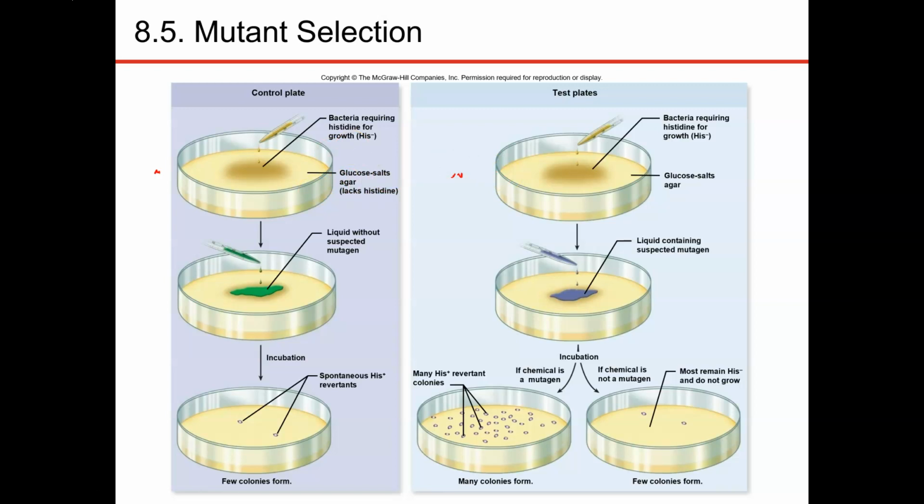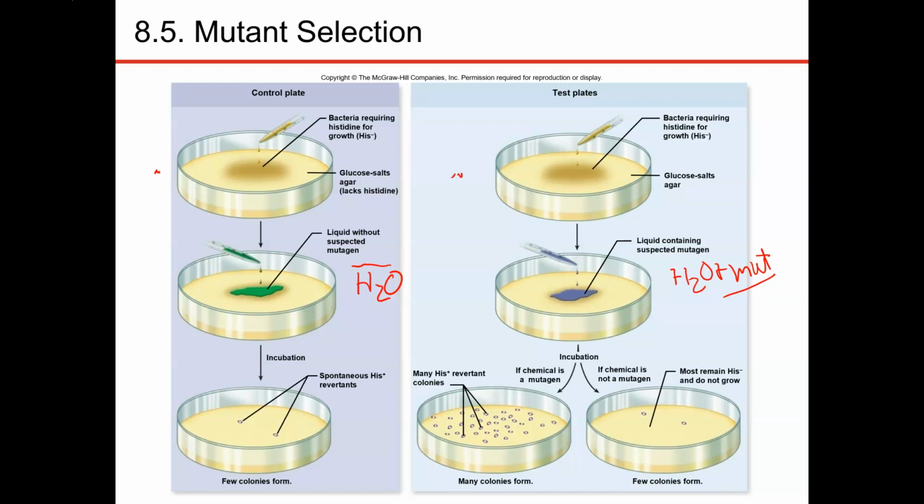We then, to the control, add a liquid that does not have the mutagen, so probably something like water, right? But over here, we add a liquid that has the mutagen, so maybe water plus mutagen, okay? So this is whatever chemical we're testing. We then incubate the plates.